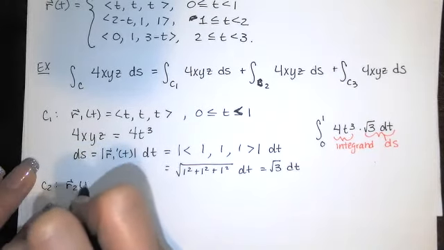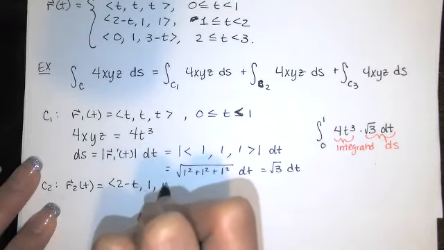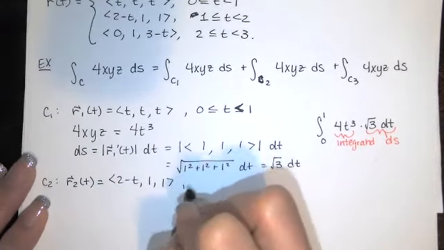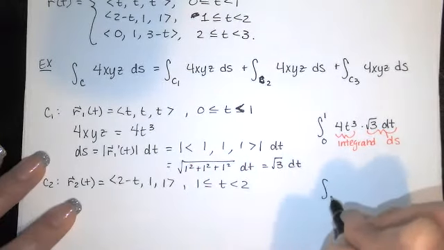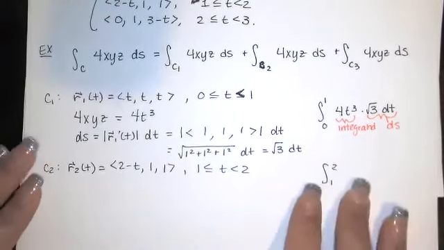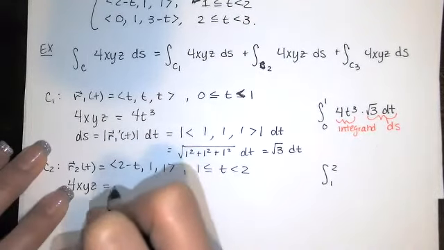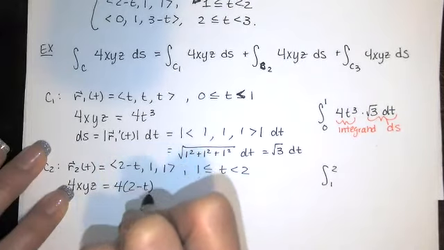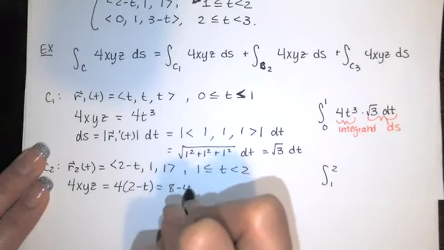C sub 2, that's similar. We're on the interval from 1 to 2, so we're going to integrate from 1 to 2 over here. 4 times x times y times z is 4 times (2 minus t) times 1 times 1. So that's just 8 minus 4t.